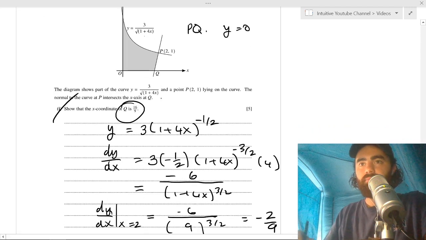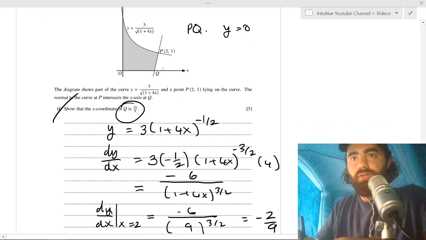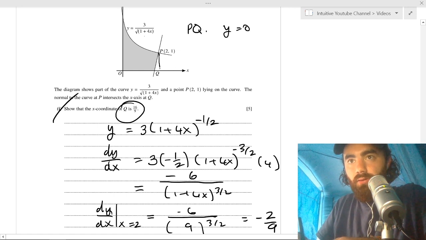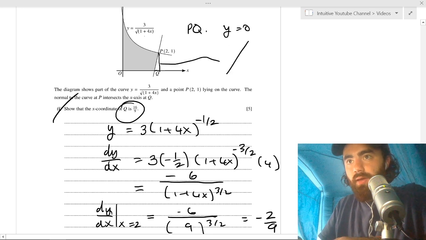The way that I'd approach this is we can look at this as a right angle triangle here. So if I just magnify that and make it bigger here, this point Q, which we found, is at 16 over 9.